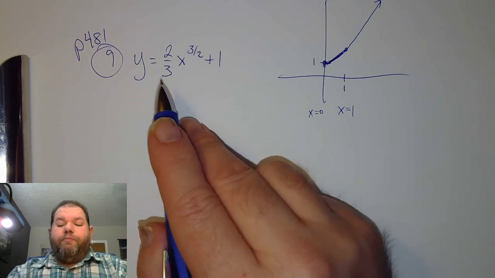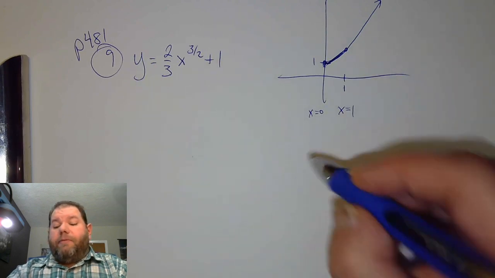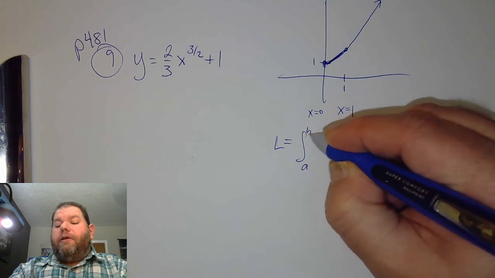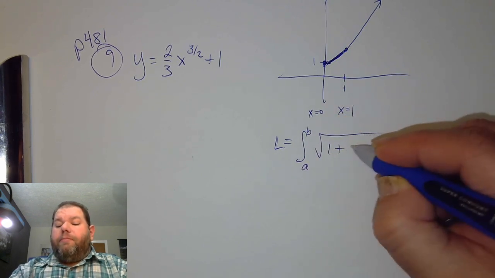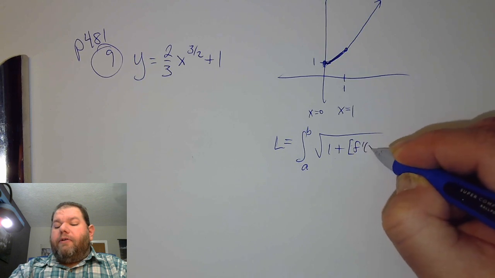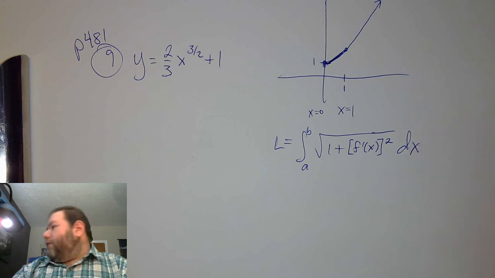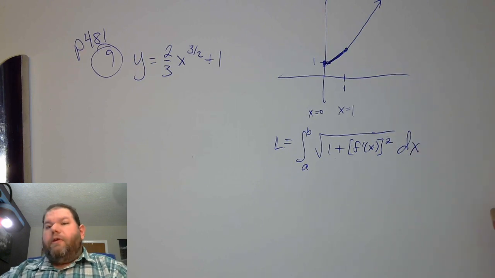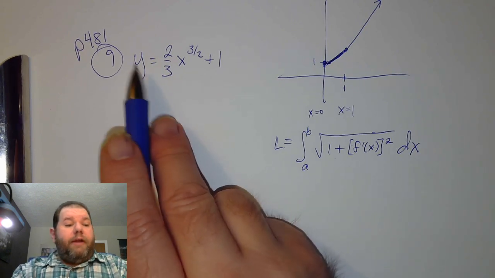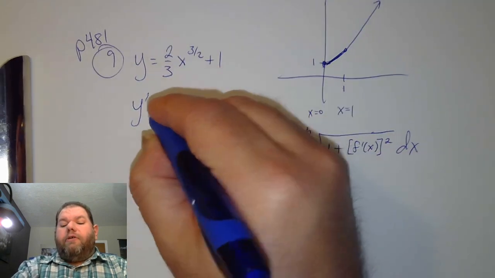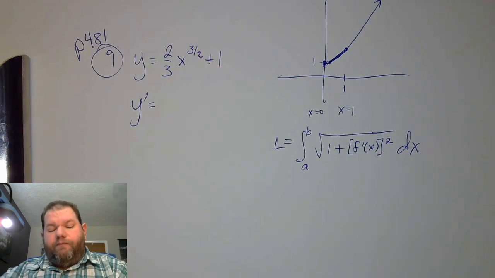Now we know that the formula is L equals integral a to b square root of 1 plus f prime of x squared, and then dx. In this case, this is our f of x, or y, so we need to find y prime. This is just a power rule.